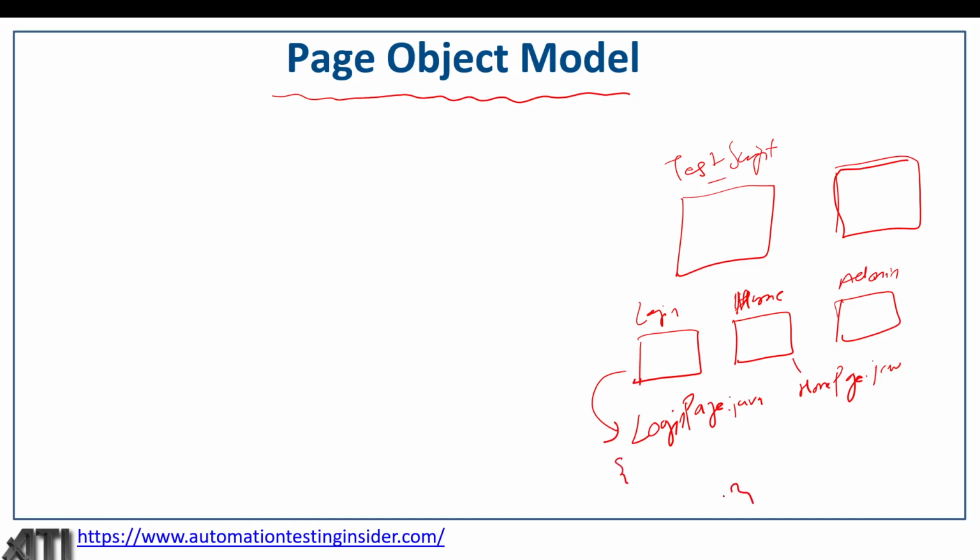We'll create separate Java classes for all the pages we have in our website. We have different elements on the web page, and those elements will be considered as locators inside the login page class. We'll write all the locators as variables in the page class.